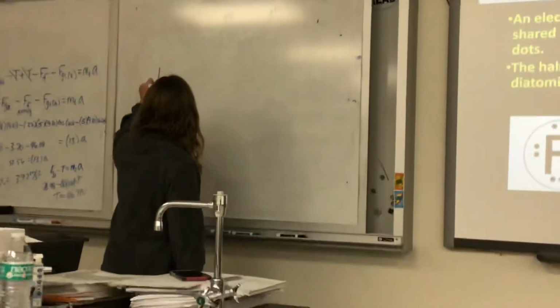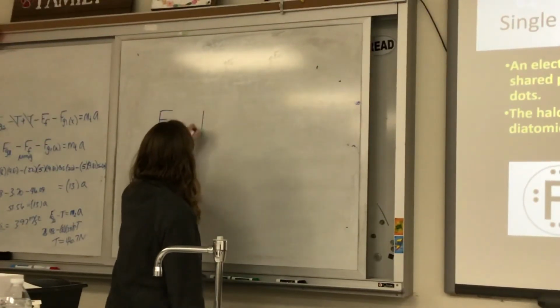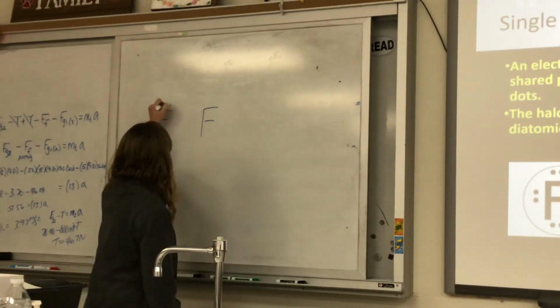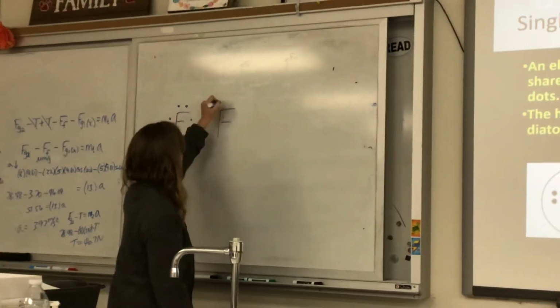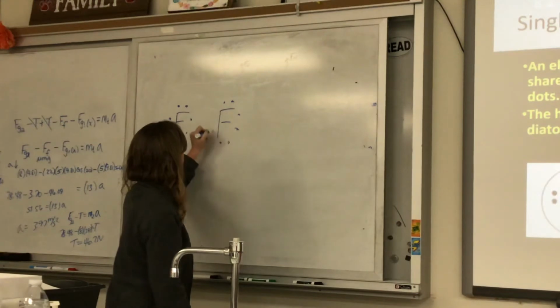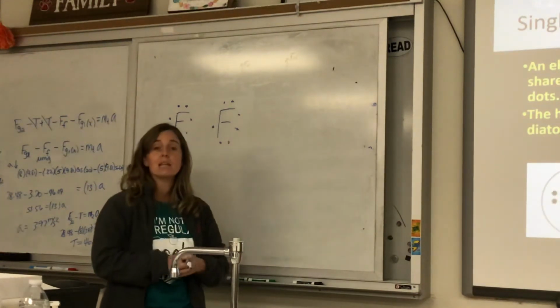If I have fluorine and I mix it with another fluorine like I have over here, and I look at the number of valence electrons, each fluorine has 7 valence electrons, which means each fluorine can only share 1, right? Because they need 8.